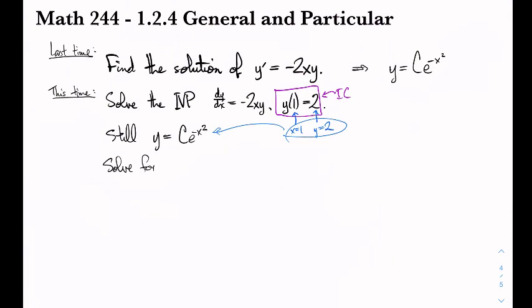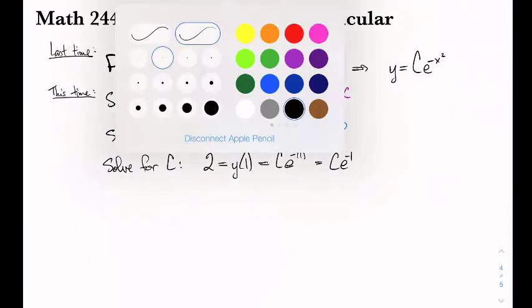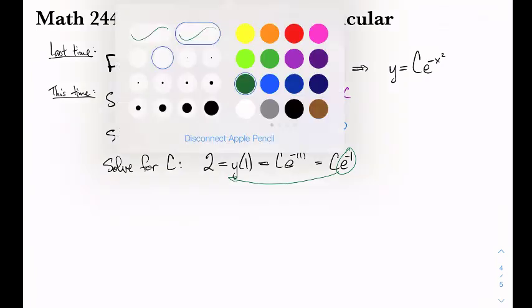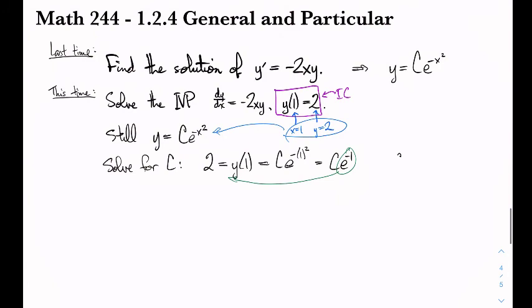So we have y is equal to 2, and when we take the formula for y and we substitute in x equals 1, we have c e to the minus 1 squared. So that's c e to the minus 1. So we can solve for c just by taking the e and multiplying both sides of the equation by it, thereby moving it over to the left. And we get that c looks like 2e.